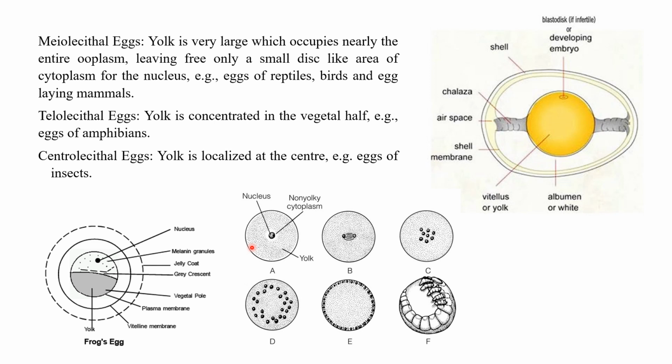Hence, such eggs are called centrolecithal. Centro means center, lecithal means the presence of yolk. So if any egg has yolky cytoplasm at the center, then such eggs are called centrolecithal eggs. And the eggs of insects are the best examples for the centrolecithal eggs.